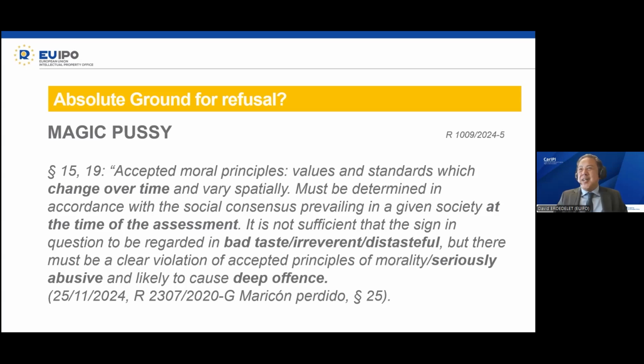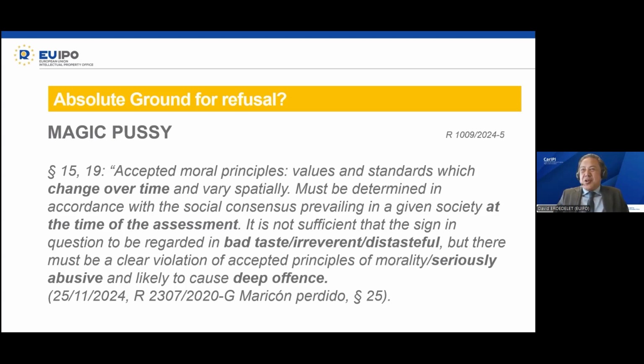Basically, they were saying that values and standards change over time. So this was 2024, so we are now in 2024. Maybe in 2024, people would not be offended. And the level of offensiveness has to be determined according to the social consensus at the time of assessment.